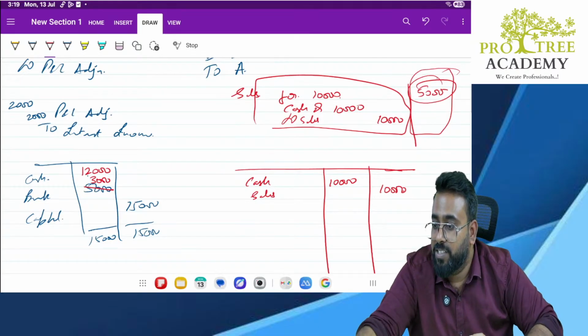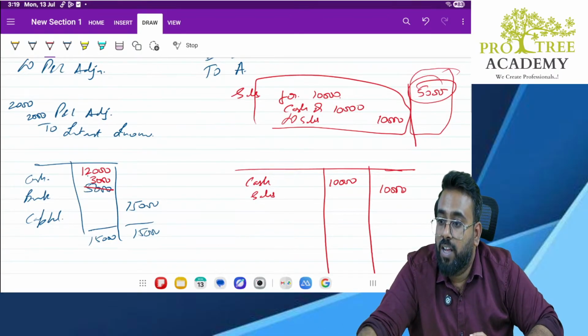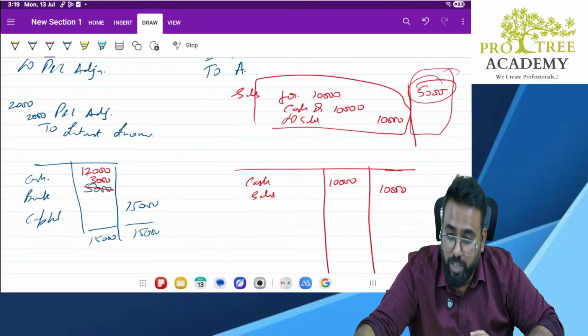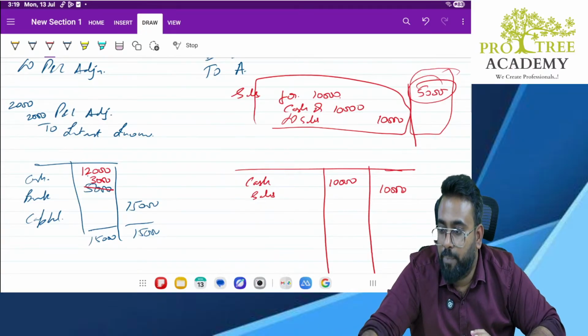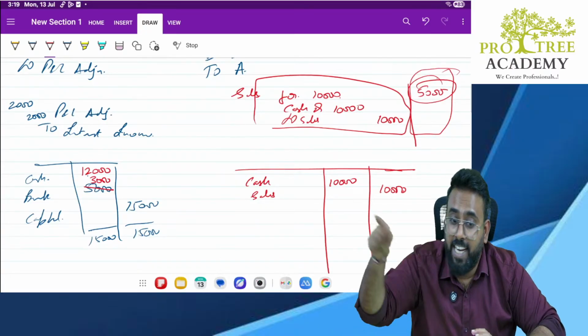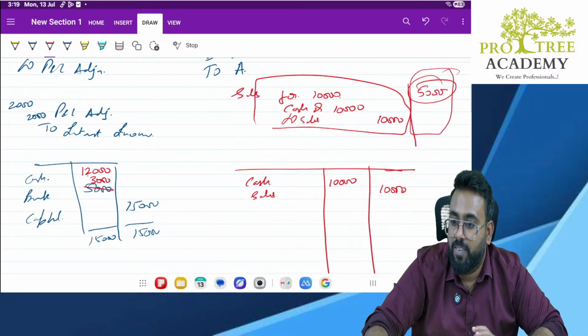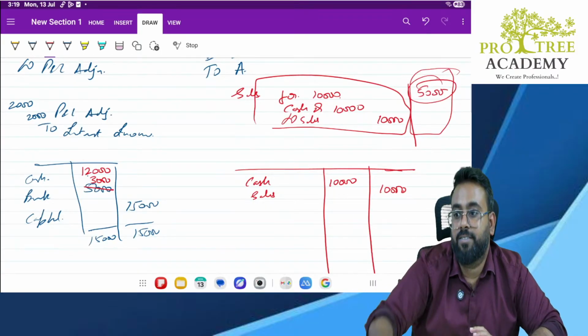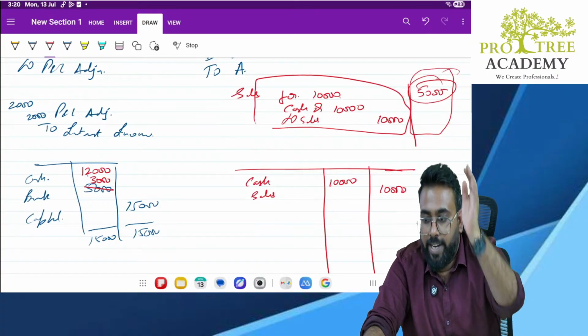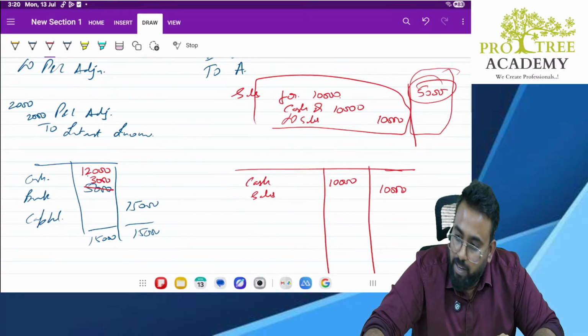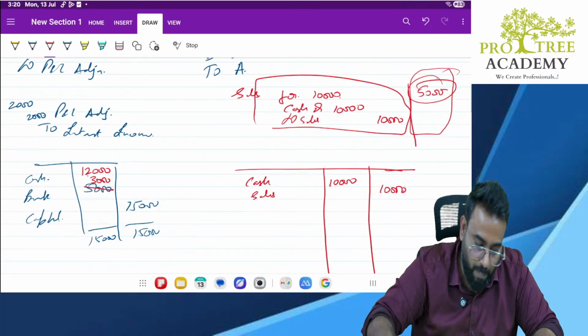Different ledgers, different amount, totaling error, that is casting error, yes or no? All these things can happen. Or posting in the ledger only on one side, or wrong posting. You posted on the credit side what should have been posted on the debit side. Clear? Everybody is understanding?